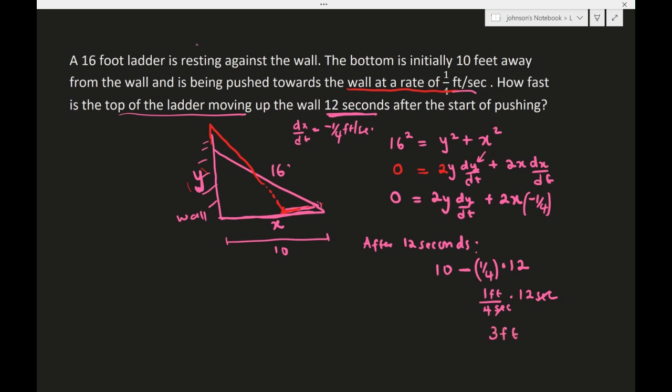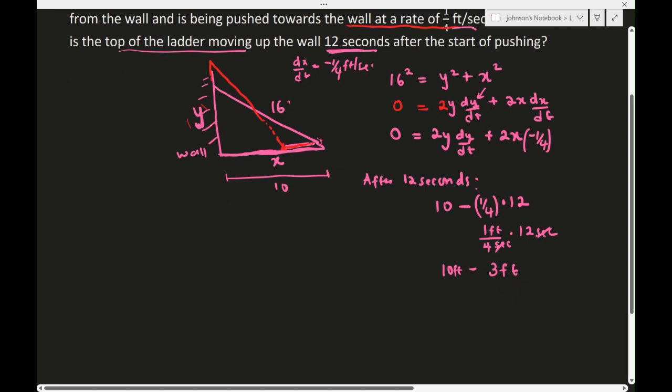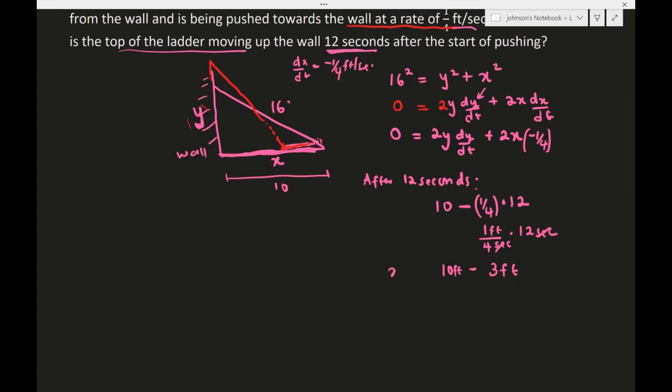So this is going to be 3 feet. But here we have 10 feet, which is the original distance before you start pushing. So after 12 seconds, the value of x, the horizontal distance, will become just 10 minus 3, which is 7 feet.